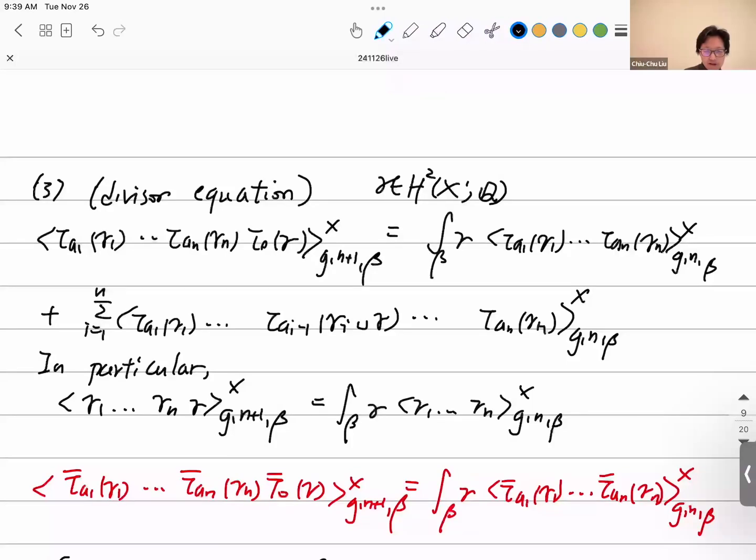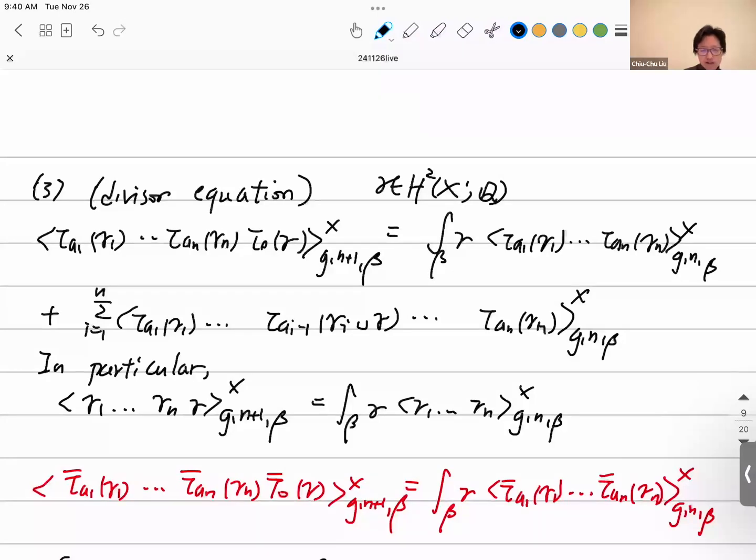The idea is still that we think of this map as integrating over the fiber. Then we have this factor, which is a pairing of the degree 2 cohomology class and beta, the degree of the map. But that's the intuition.